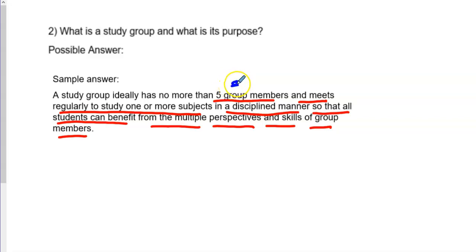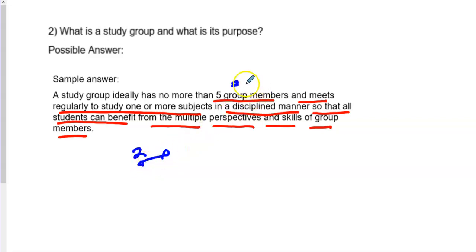The reason is that if you have only 2 members forming a study group, these members are going to lack the ideas and contributions that may come from a group with more members.